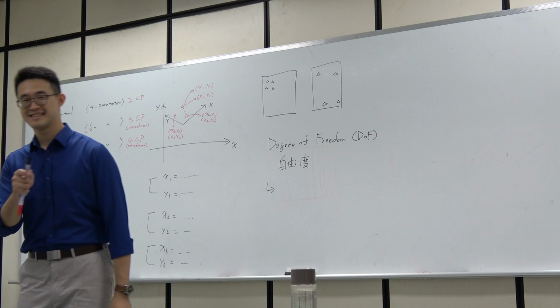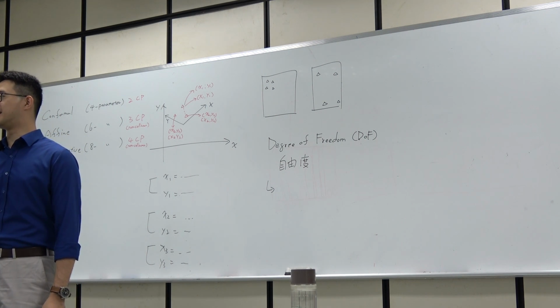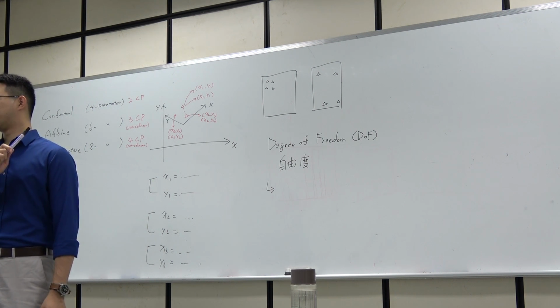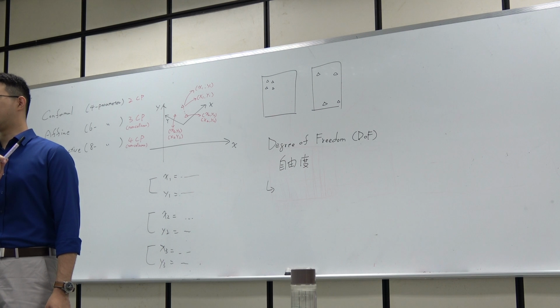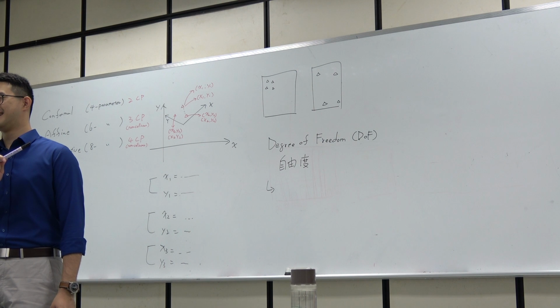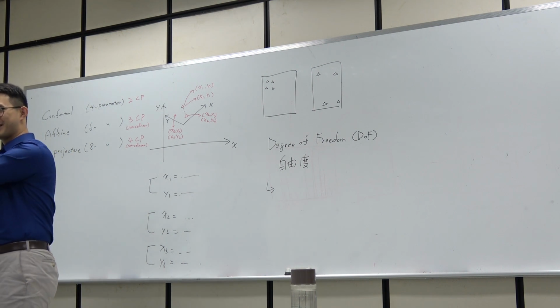You forgot? Okay. I'll find another TA. Degree of freedom. You forgot as well? Okay, I will find 玉婷. Come on, I spent some time to explain degree of freedom to you guys.